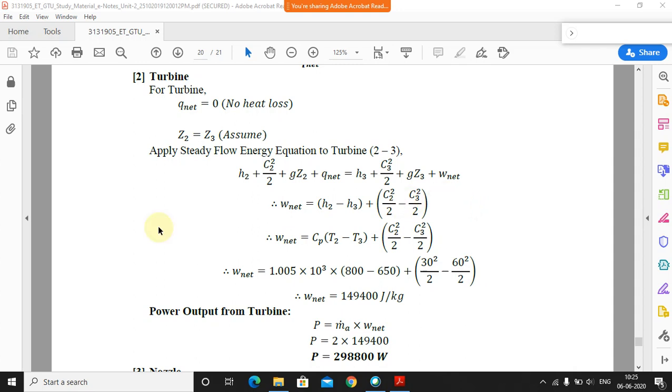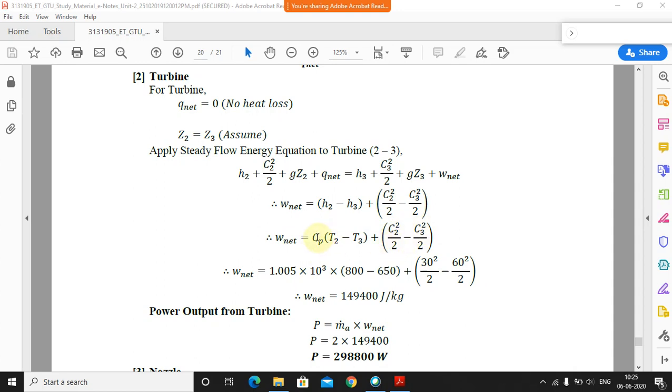So we'll rearrange all the terms, and then the w net is equal to h2 minus h3 plus c2 square by 2 minus c3 square by 2. We know the enthalpy difference can be calculated from Cp into T2 minus T3, the specific heat times the temperature difference, plus c2 square by 2 minus c3 square by 2.